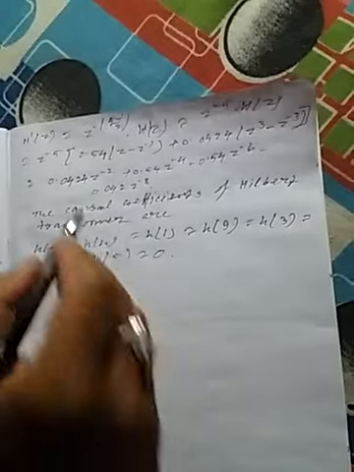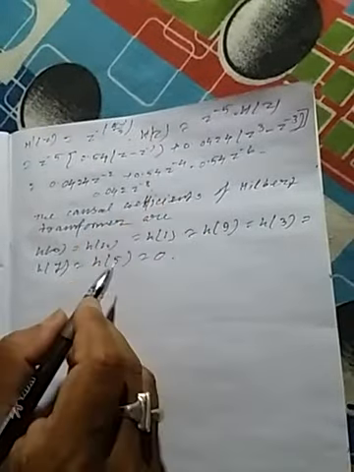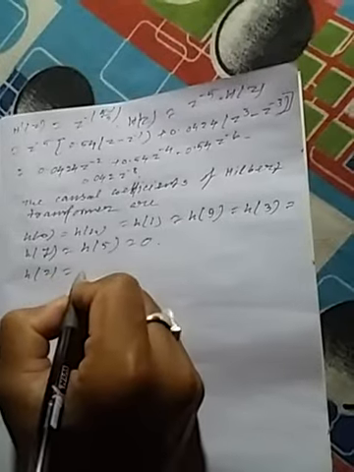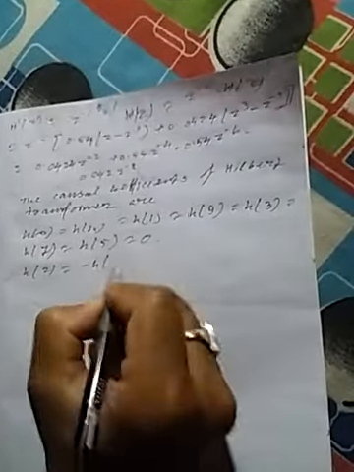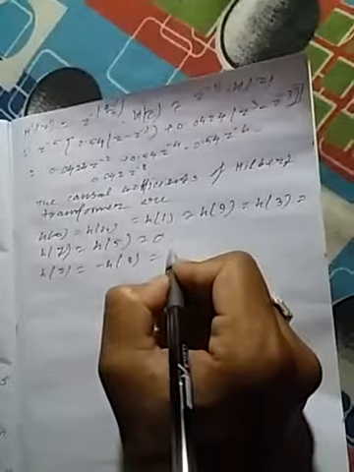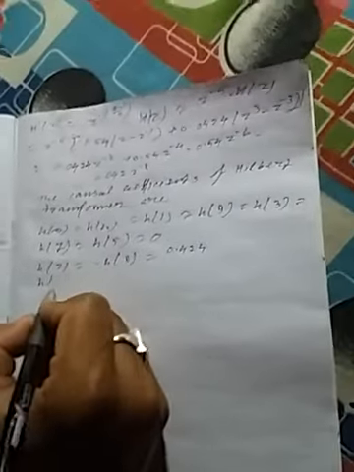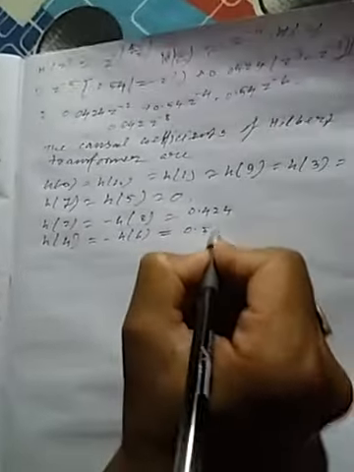Okay, all the coefficients written here are absent in this series, so that's why these coefficients will be 0. Now h2 will be equal to minus h of 8, that will be equal to 0.424, right? And h4 will be equal to minus h of 6, that is equal to 0.54.